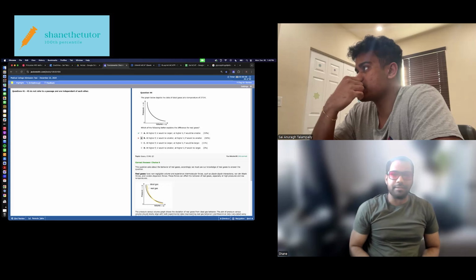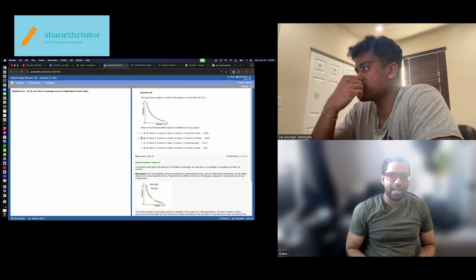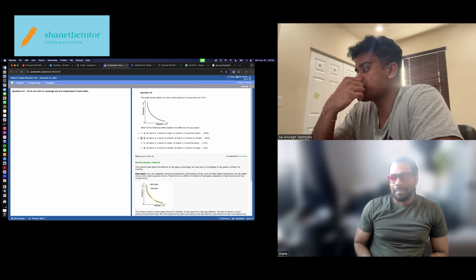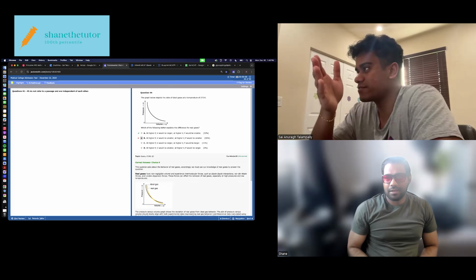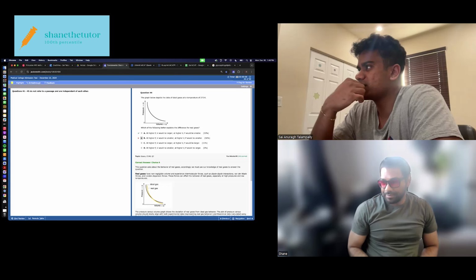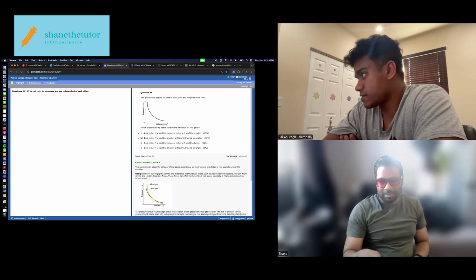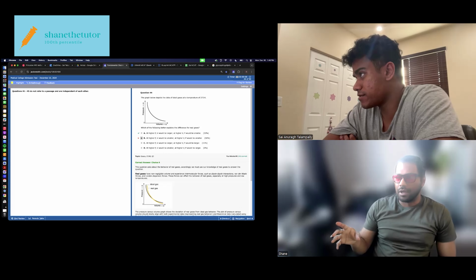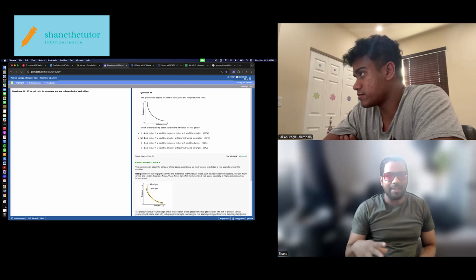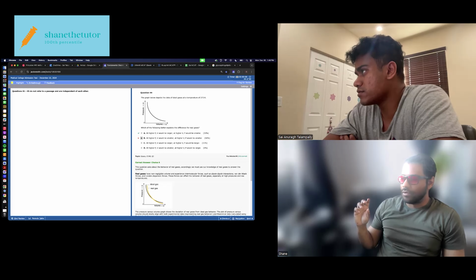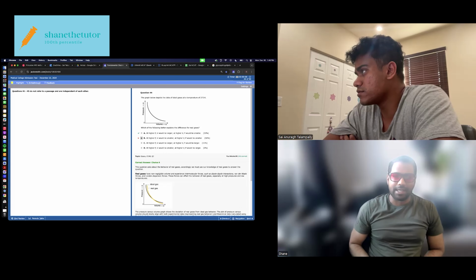What is the actual difference between a real gas and an ideal gas? What actually makes an ideal gas an ideal gas?